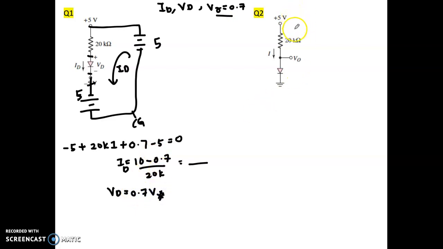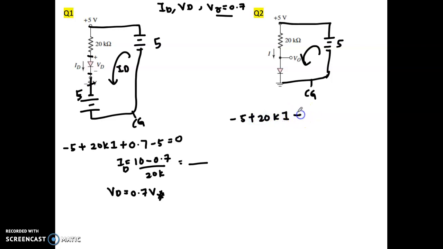Okay. So how about question 2? Question 2 has only one supply. So try to complete the circuit again. So it becomes 5. And then this will be your common ground. So let's see what will be the value of your I. So again, KVL: minus 5 plus 20K I plus, you can ignore this one because this is like a probe.